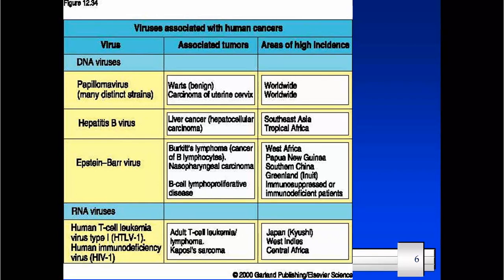These are the DNA viruses. We have the RNA viruses, which are human T-cell leukemia virus, leading to a rare T-cell leukemia. We have another RNA virus, which is the HIV virus, leading to Kaposi sarcoma.